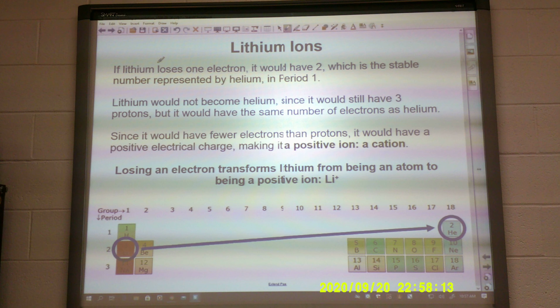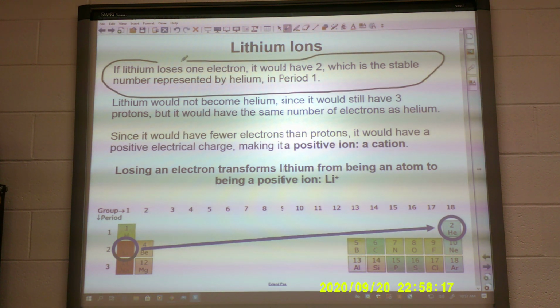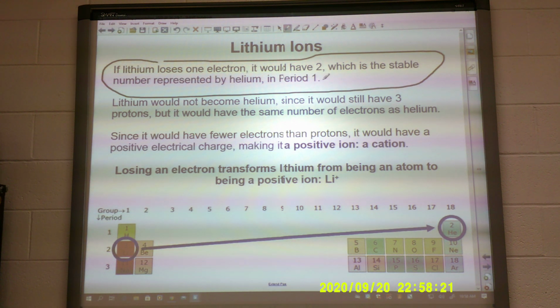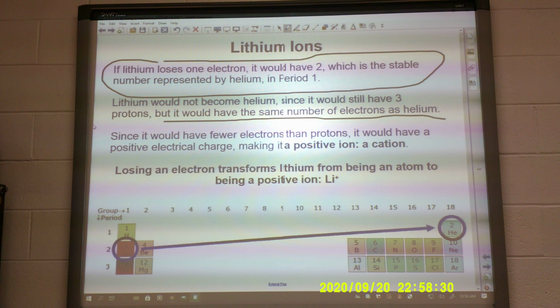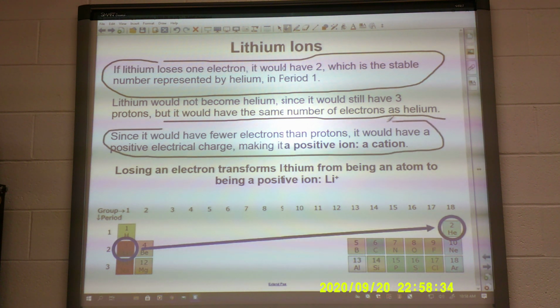If lithium loses an electron, it would have 2, which is a stable number represented by helium in period 1. Lithium would not become helium since it would still have 3 protons, but it would have the same number of electrons as helium. Since it would have fewer electrons than protons, it would have a positive electric charge.